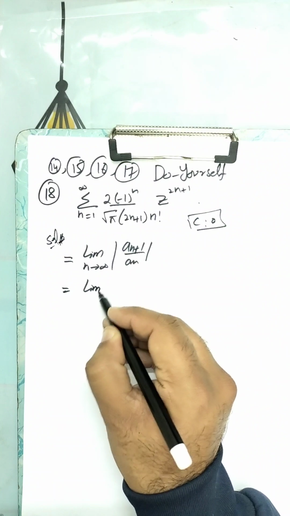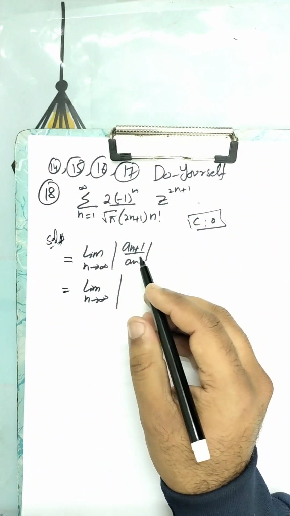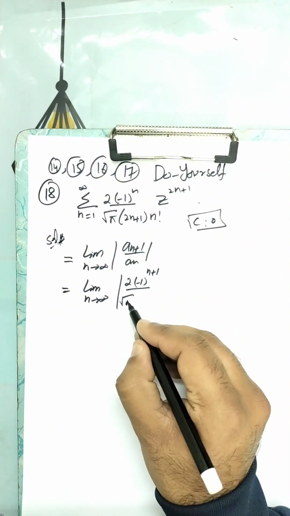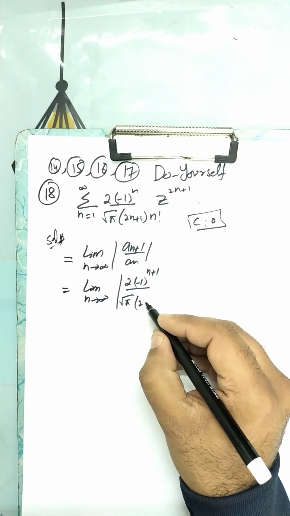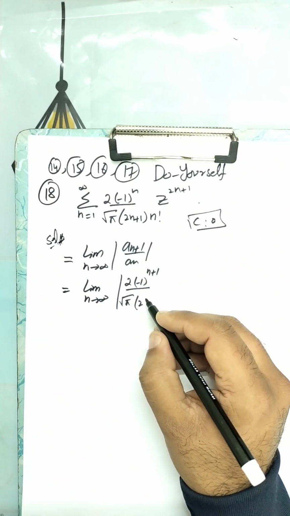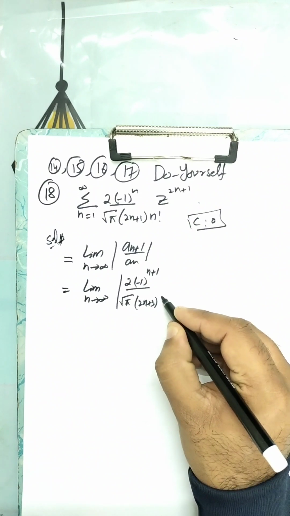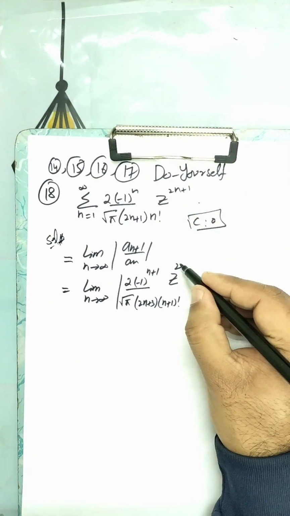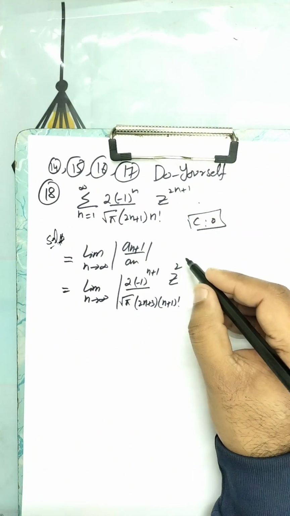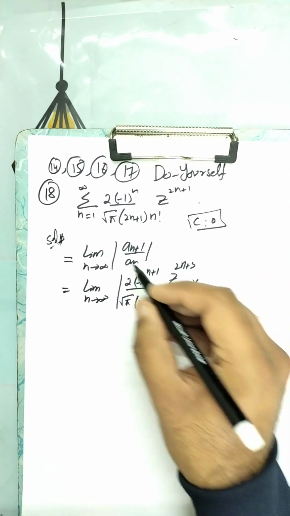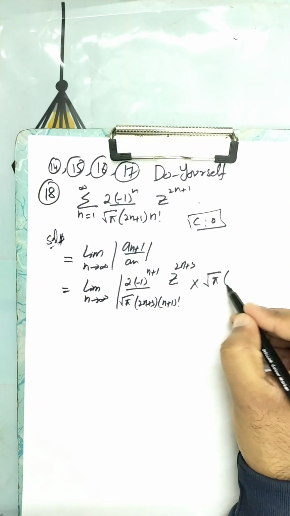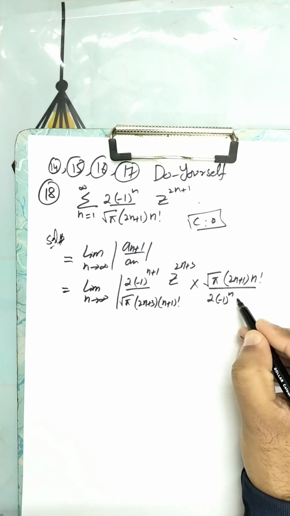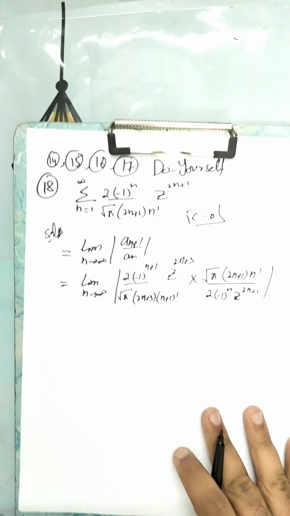What is a(n+1)? a(n+1) is 2 times (-1)^(n+1) over root pi, times (2n+3) and (n+1) factorial, z^(2n+3). So this becomes (2n+3), multiplied by a(n). What is a(n)? Root pi, (2n+1) n factorial over 2 (-1)^n z^(2n+1).